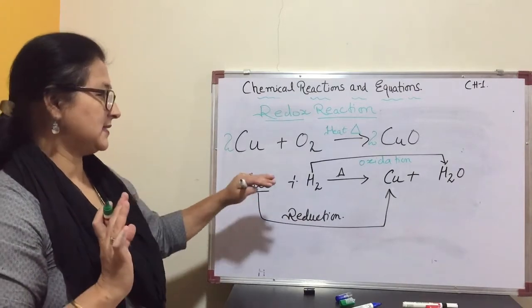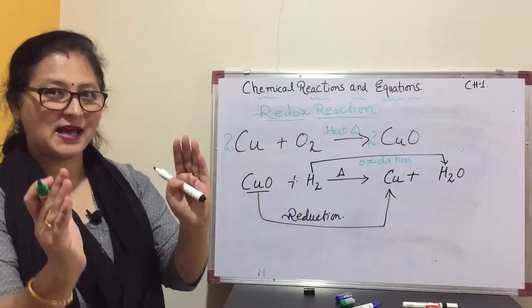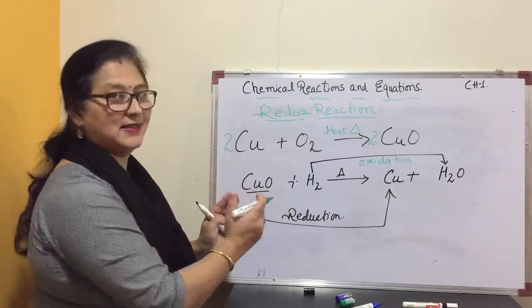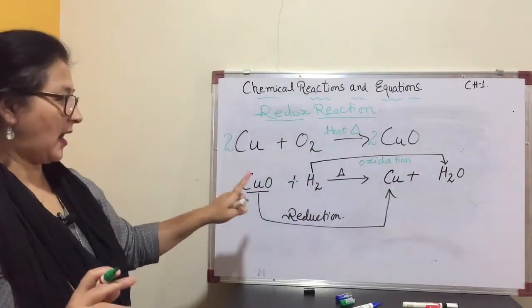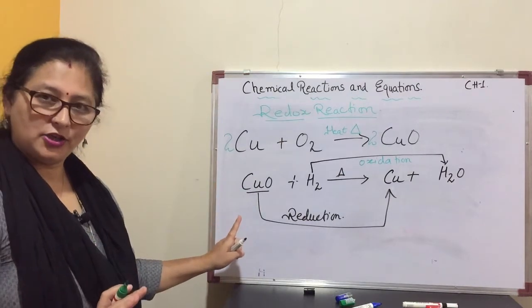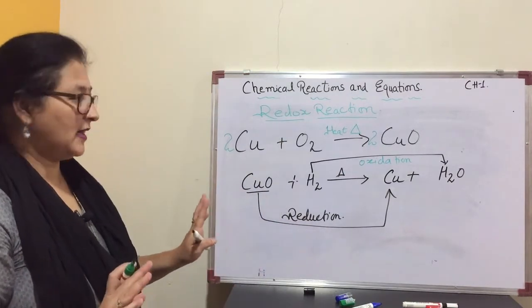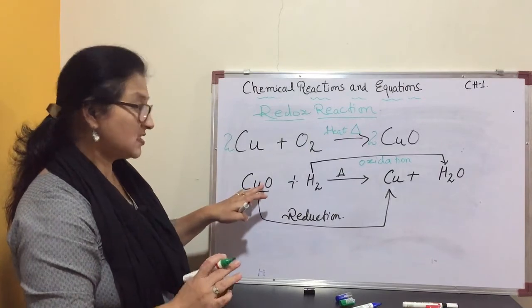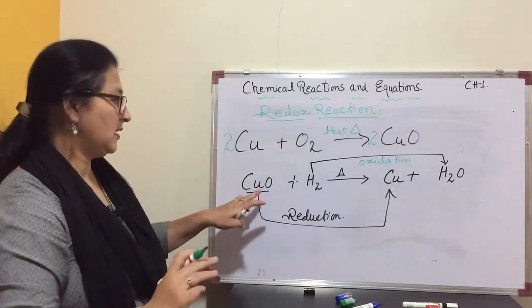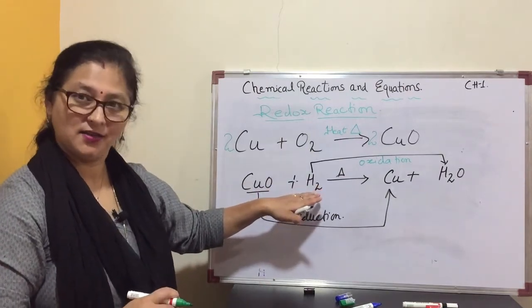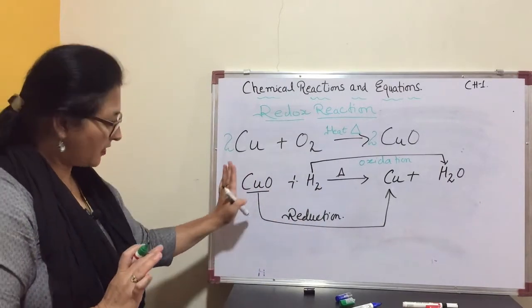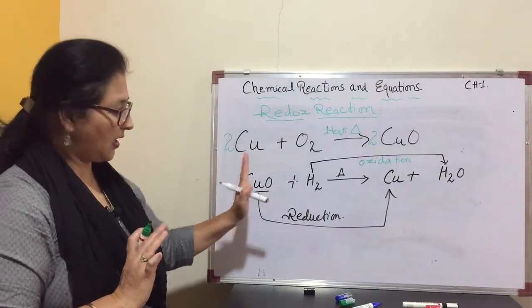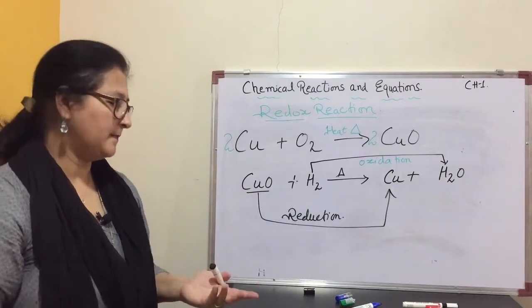For the oxidizing and reducing agent, you just have to concentrate on the reactant side. Don't look at the product side. The one which is giving out oxygen is oxidizing the other reactant, so this is the oxidizing agent. Once you get the oxidizing agent, the other will definitely be the reducing agent.